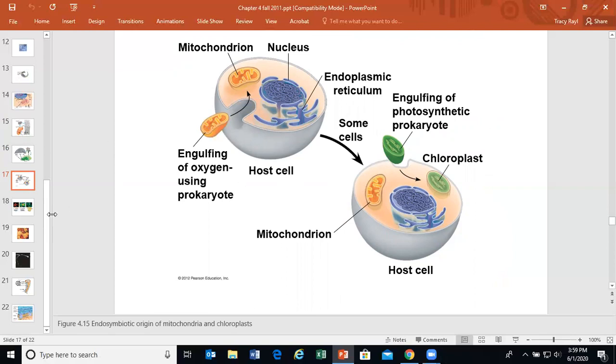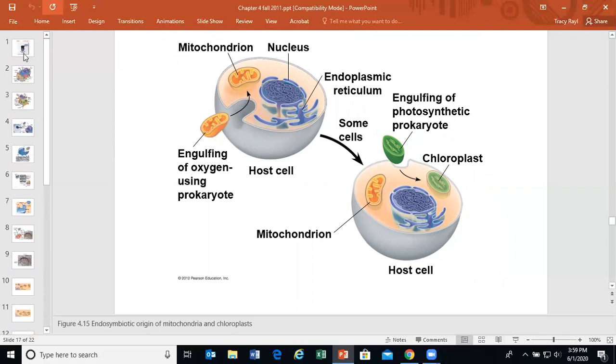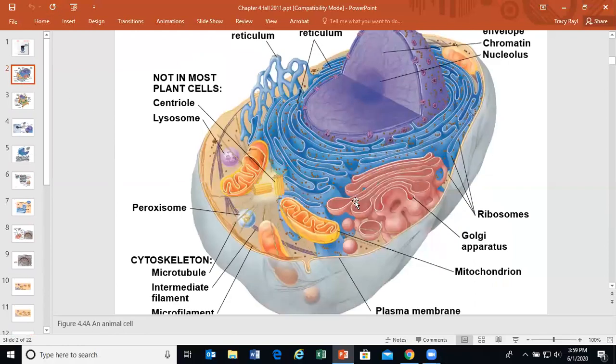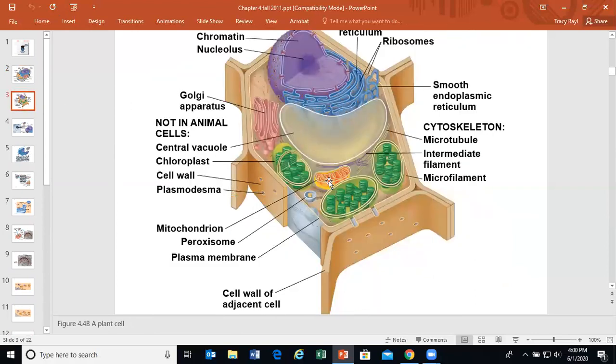So if we go back to our generic plant and animal cell, if you look at the animal cell, animal cells have mitochondria, and so do plant cells. So both plants and animals have mitochondria. So do fungus, so do protozoans. That means that the incorporation of mitochondria into eukaryotic cells happened before the split of plants and animals and fungus from each other in a common ancestor.